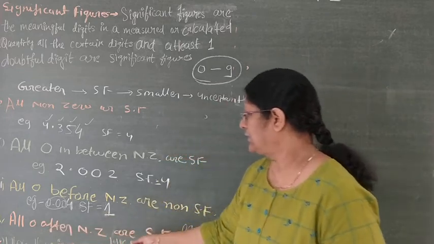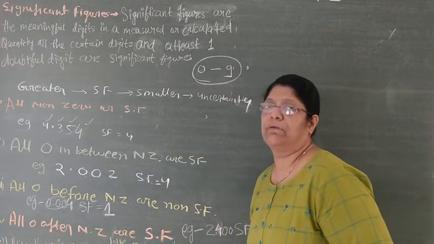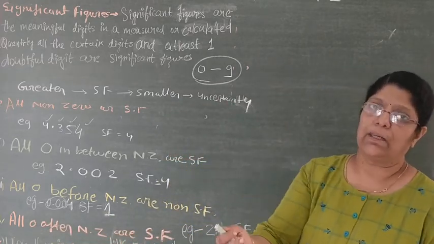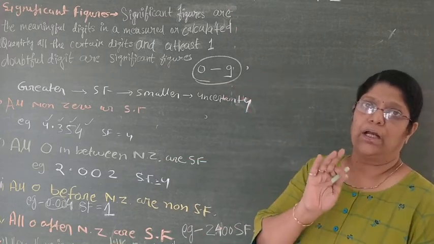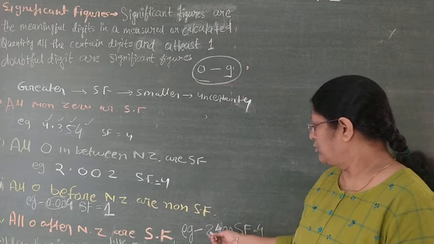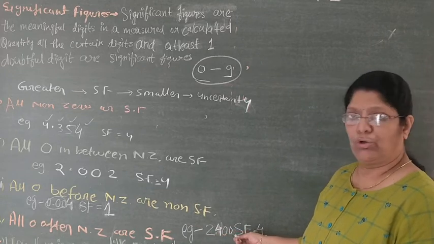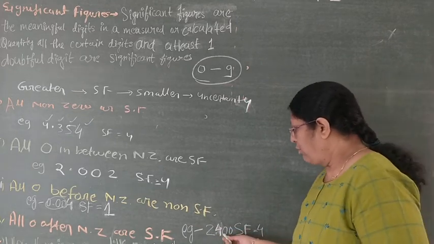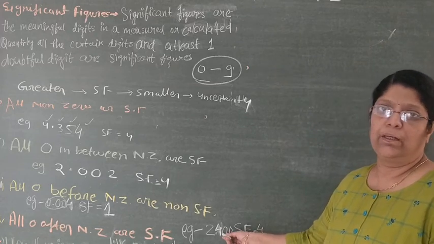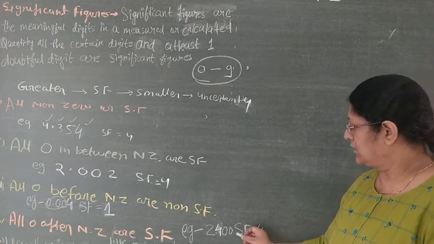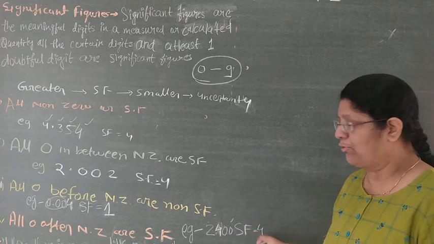All zeros after non-zero digits are significant figures. If a zero is coming after any digit between 1 to 9, it will be a significant figure, like 2.400. These zeros will be counted in significant figures. So the significant figures are 1, 2, 3 and 4.